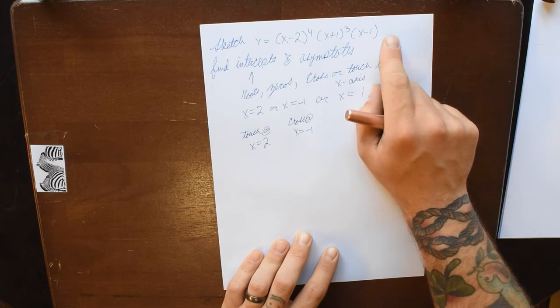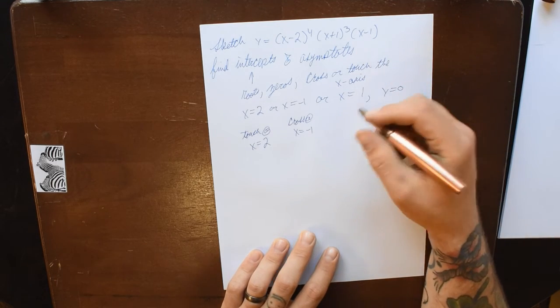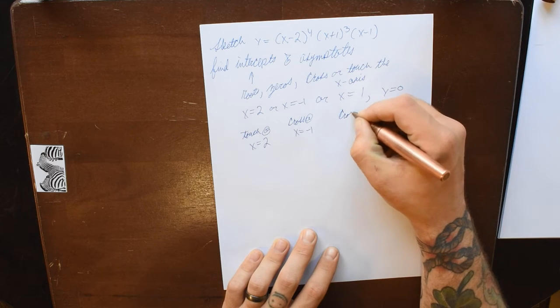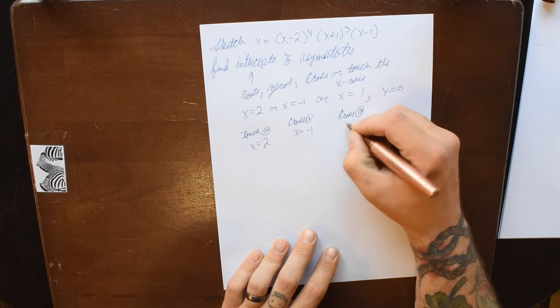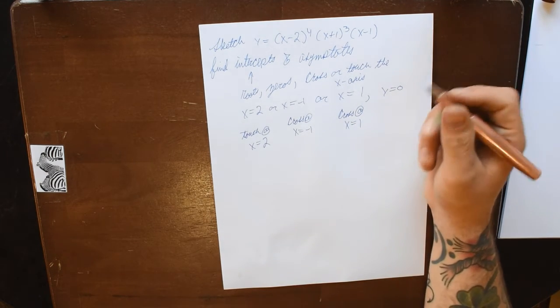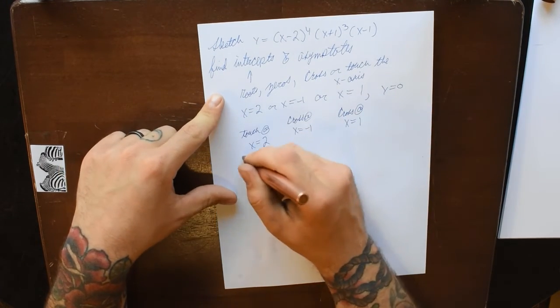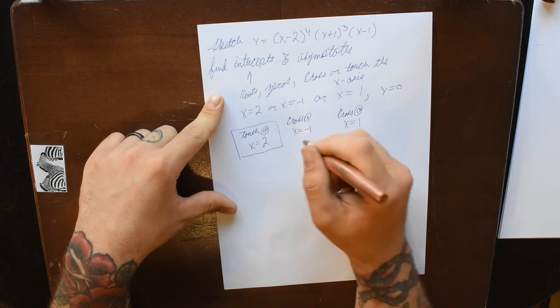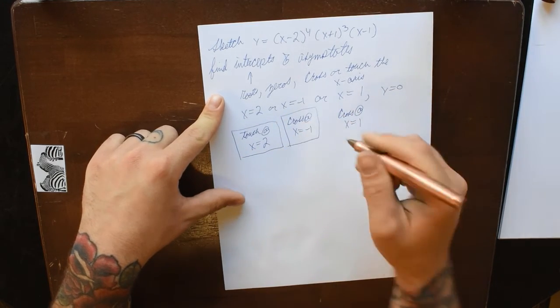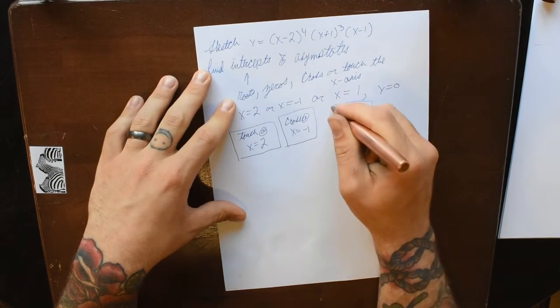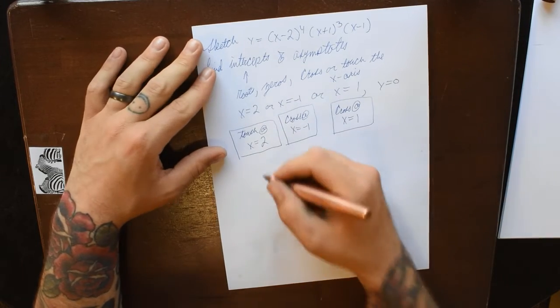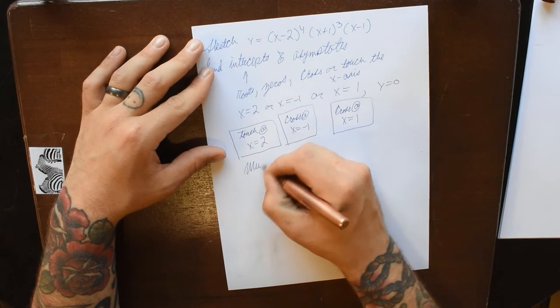It's of degree 1. Since it's of an odd degree, it's going to cross at x is equal to positive 1. If this was a refresher, if this was new, I have finally stammered long enough to remember the word multiplicity.